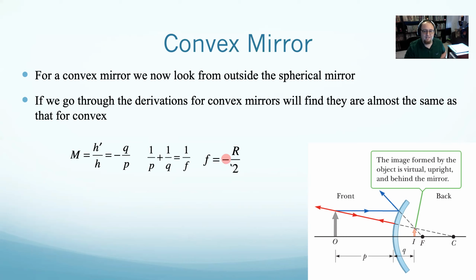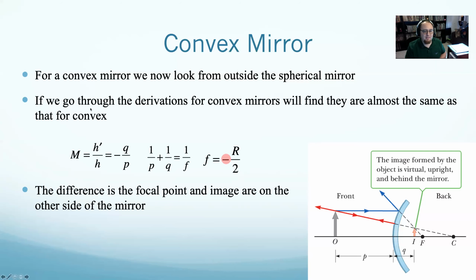is this negative sign. The focal length of a concave mirror is R over 2. The focal length of a convex mirror is negative R over 2. The reason why is because the focal point is on the opposite side of the mirror as an image.